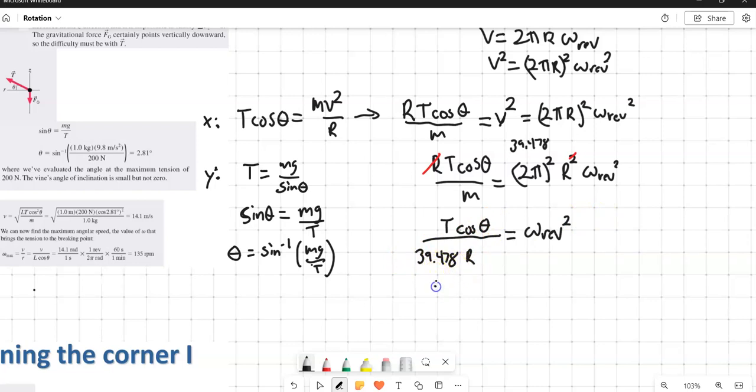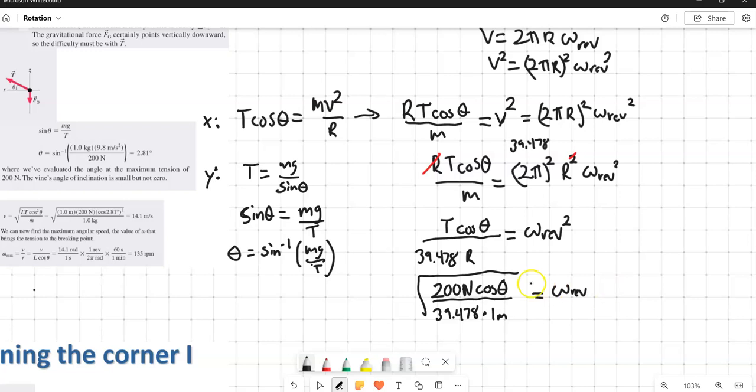So let's put in our numbers. This is going to be 200 newtons, this is going to be the cosine of theta over this. We're putting in what we know, 39.478 times 1 meter. We're going to square root all that to set it equal to omega revolutions.